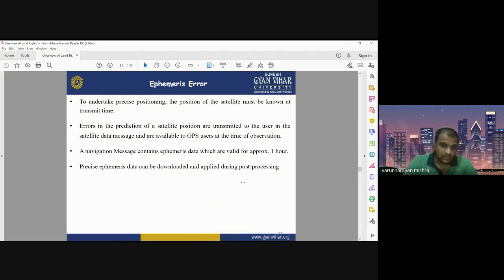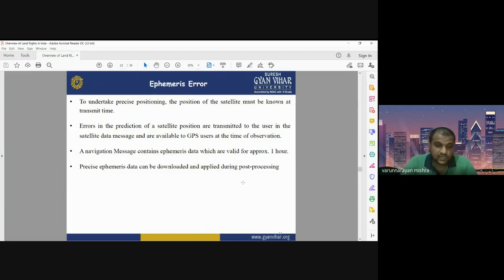Okay, after collecting data on the ground, you have to come back to the lab and post process that data, because the GPS receiver holds the ephemeris data only for 1 hour. After 1 hour it will disappear from your GPS receiver.